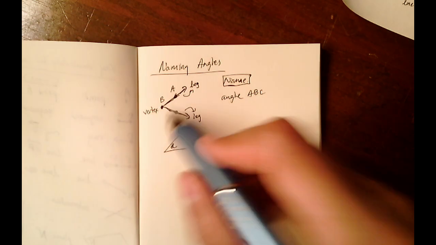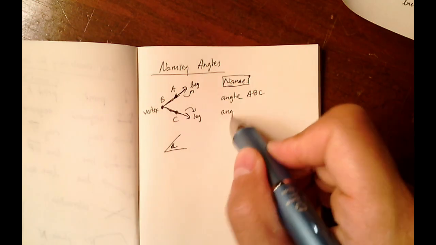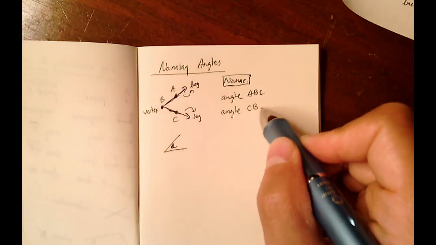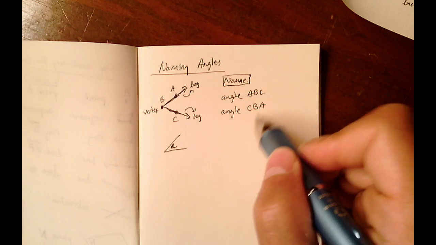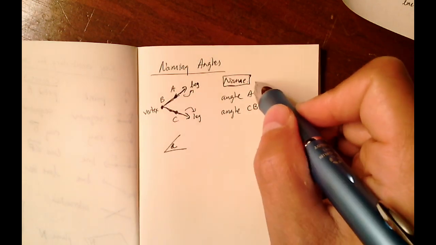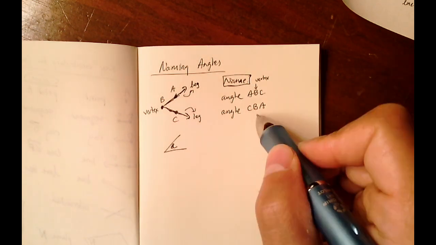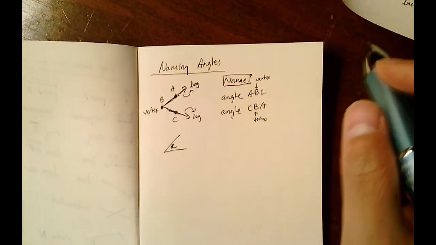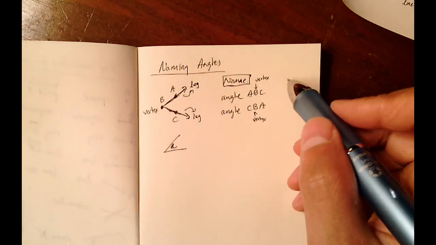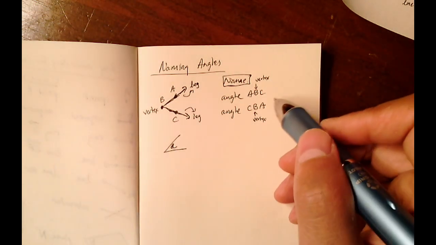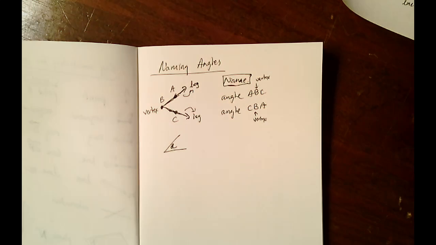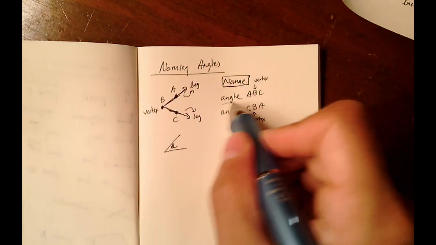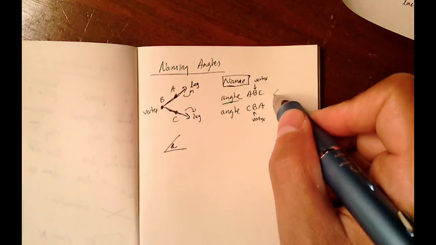Now, is there another way to name this angle? Well, we could go the other way, so we can call it angle CBA. Notice that the middle term is always our vertex. Oftentimes in math, and especially when you come into proofs, instead of the word angle, you'll see them use this sign.